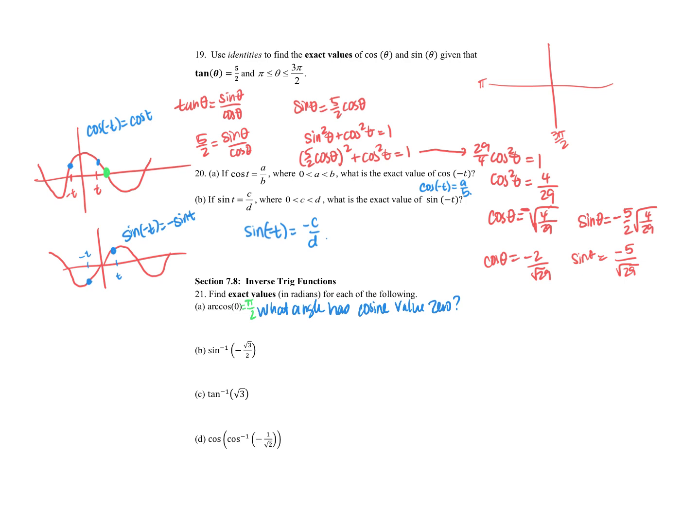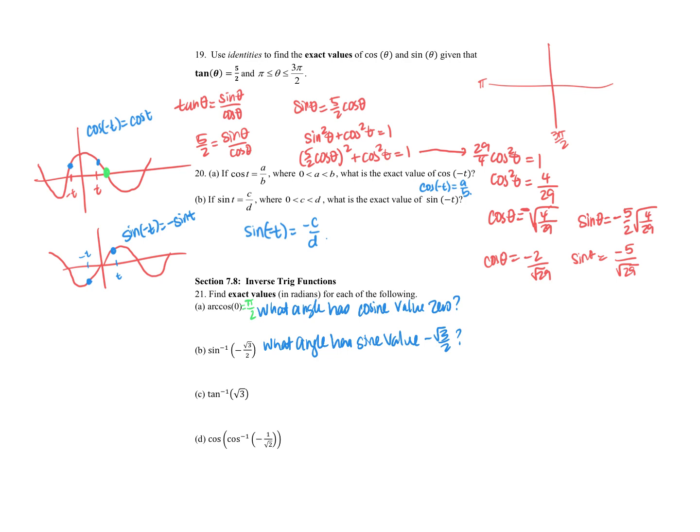This is asking, when is sine equal to negative square root of 3 over 2? So what angle has sine value negative root 3 over 2? We have to be a little bit careful here because we need to know what the output of a sine inverse function is.